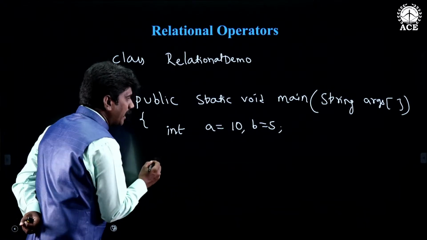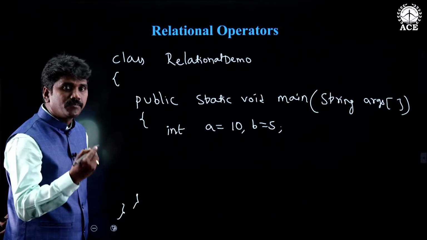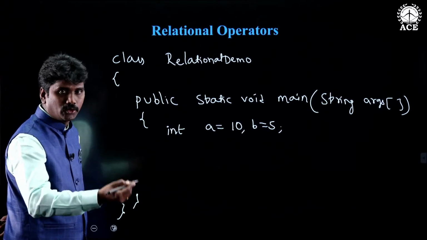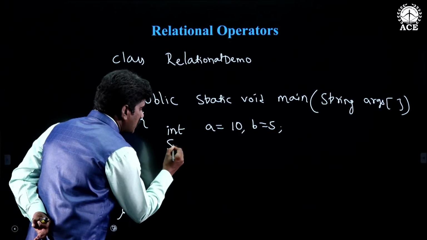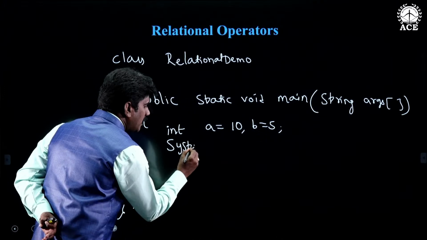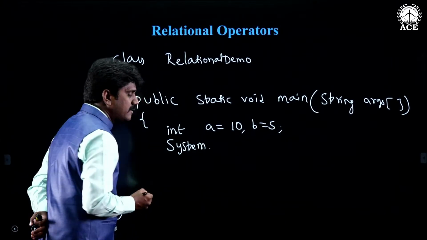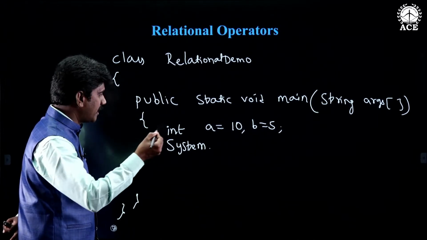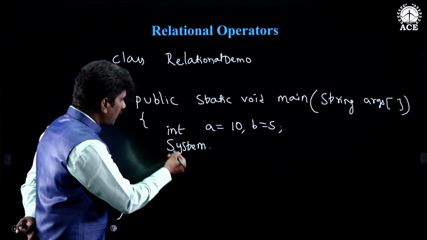I would like to find out what the result is going to be if I apply the greater than symbol. Here I am using println to print the result of a greater than b, or a less than b, like that. Let us apply all the relational operators.